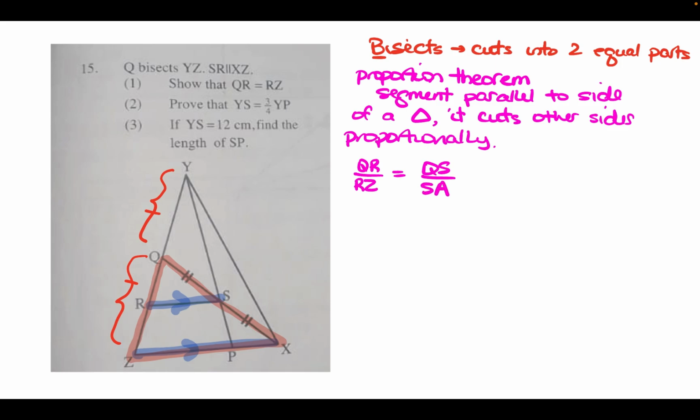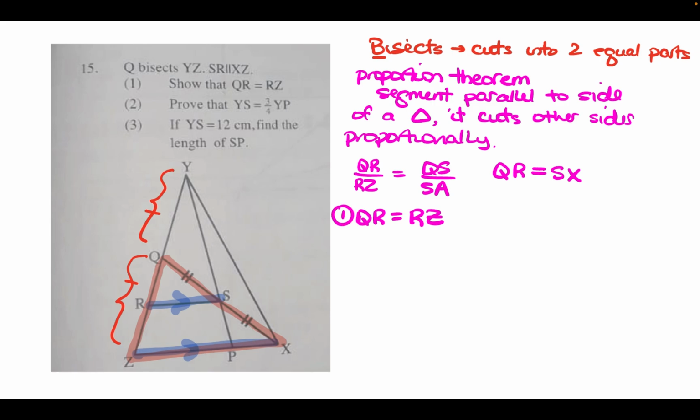And since we notice from this problem that QR and SX are congruent, based on the diagram, I think that we can say that QR is equal to RZ, and that is what they're asking for in the first problem.